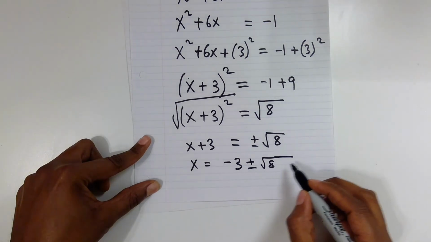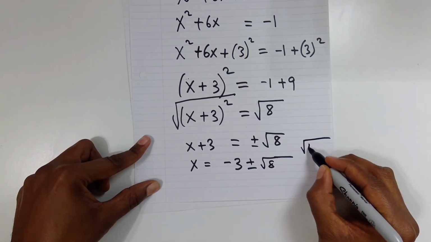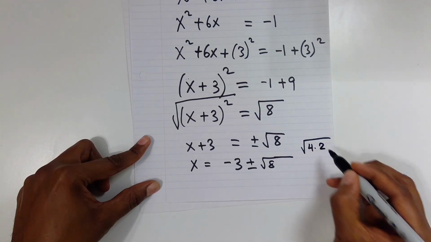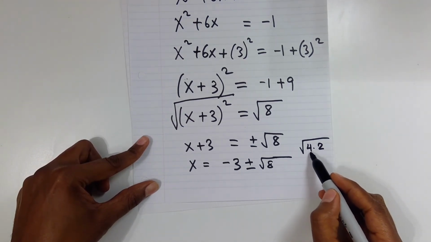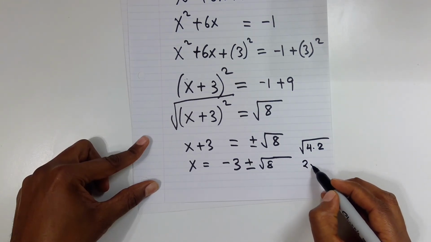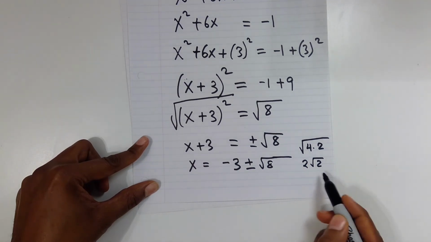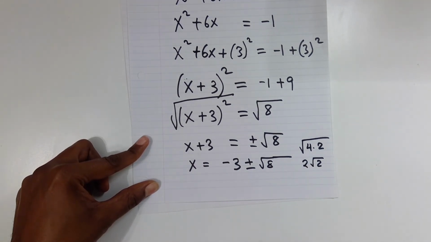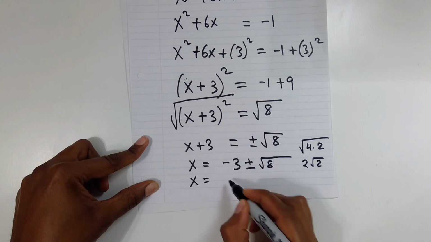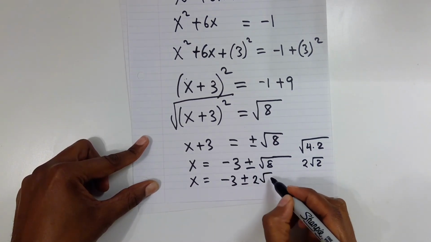Root 8 can be written as 4 times 2. But what is root 4? That is just 2. So it becomes 2 root 2. That is the simpler version of writing it this way. So x is equal to negative 3 plus or minus 2 root 2.